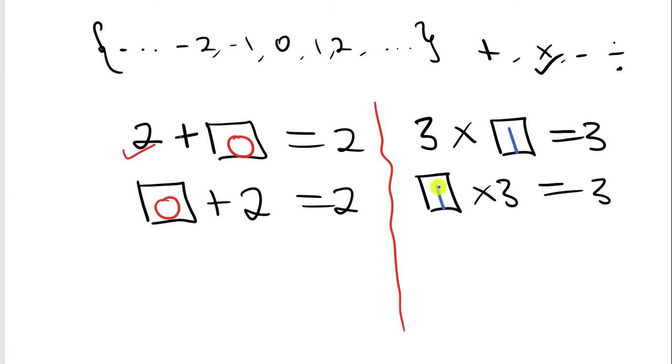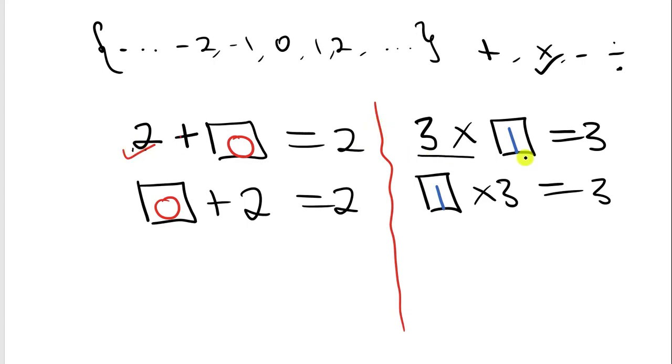Now you realize that there is an element which, when combined with an operation, gives you the same element. In the first scenario, we realize that 2 plus 0 gave us 2. This 2 plus an element gave us the same original element, that is 2.